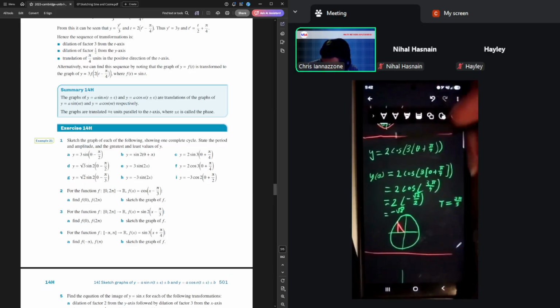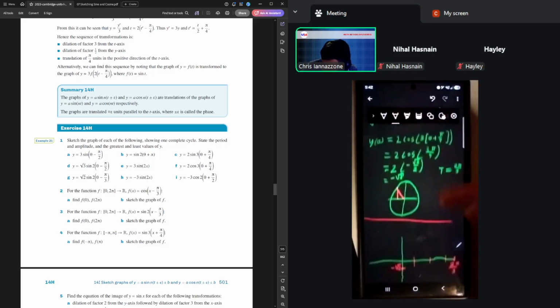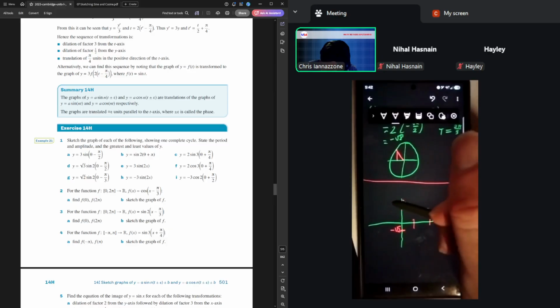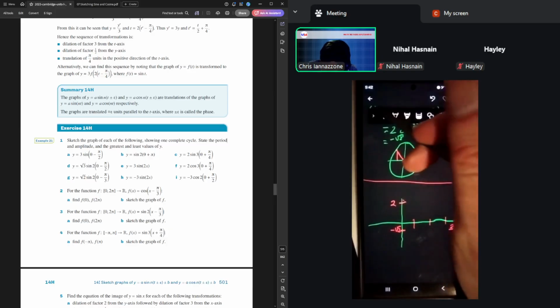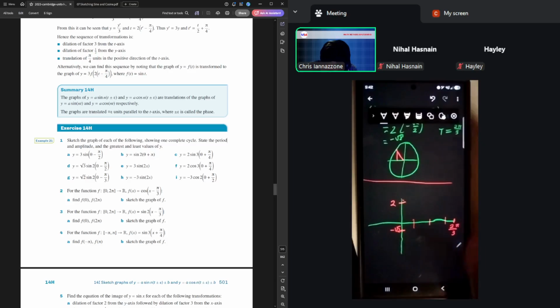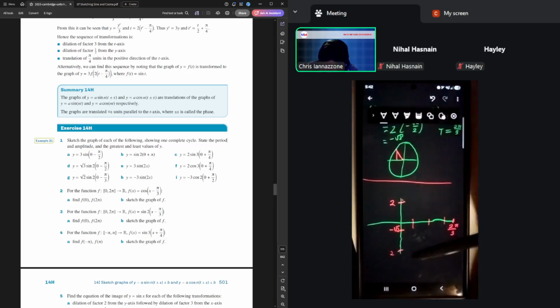If you look at what the graph is, the amplitude being 2 means we should have a peak of 2 and a trough of negative 2. And where these are located is no longer going to be at quarter period intervals if you start at 0.